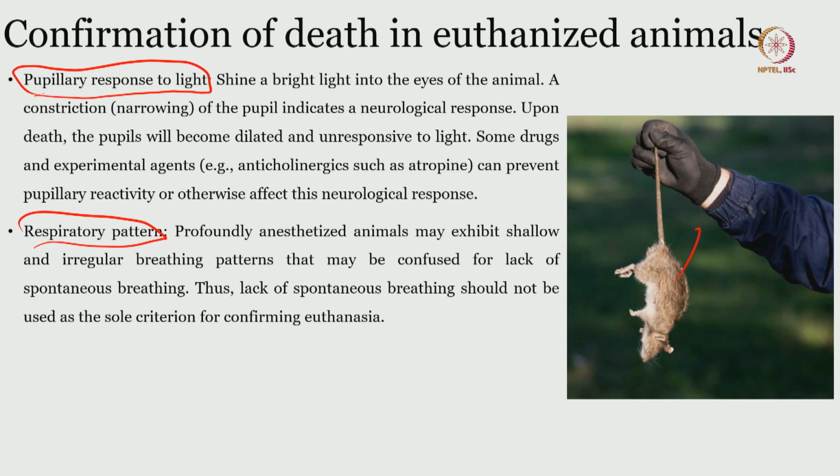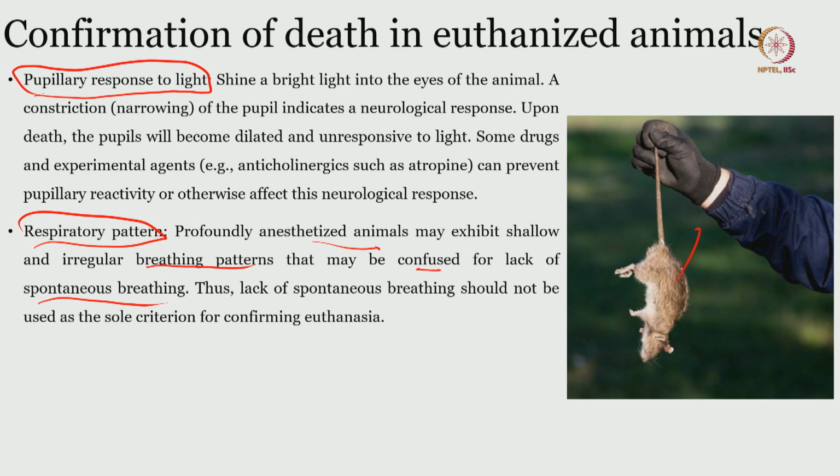A profoundly anesthetized animal may exhibit a shallow, irregular breathing pattern that may be confused for lack of spontaneous breathing. Suppose you are doing euthanasia following your acute surgery, wherein you have done a procedure and you want to euthanize a rat.